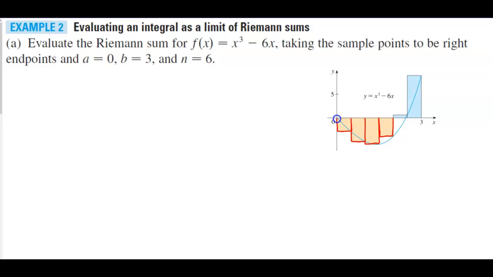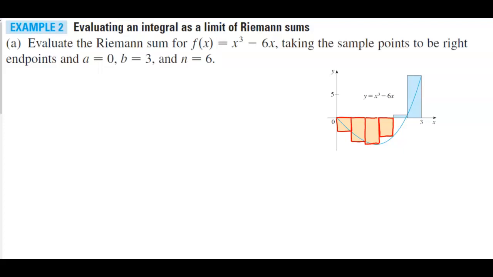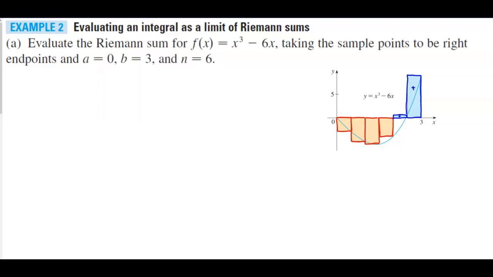So there are our rectangles below that curve, and there are our rectangles where it's above the x-axis. Recall that this is going to be positive here, and therefore it's going to be negative in those.